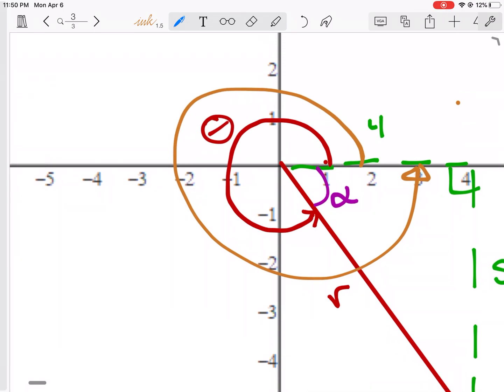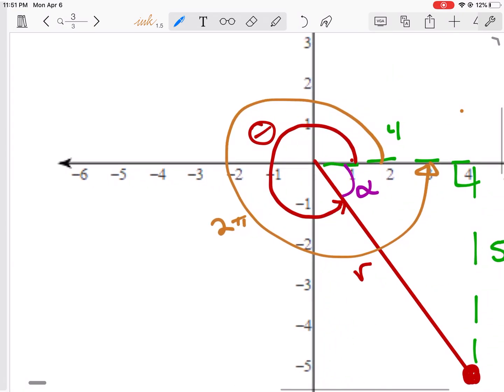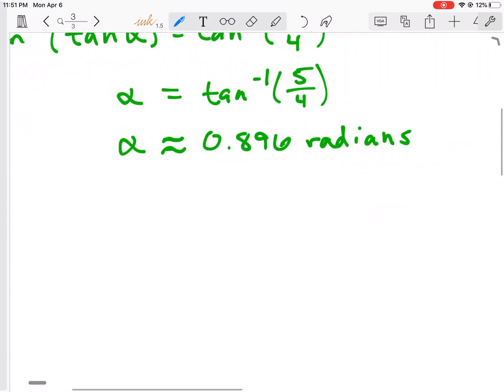Not degrees, but how many radians? Well, 2 pi. So to figure out theta, we'll go 2 pi, take away this alpha, and that should get us back to theta. So theta is 2 pi minus alpha, which is 0.896 radians.